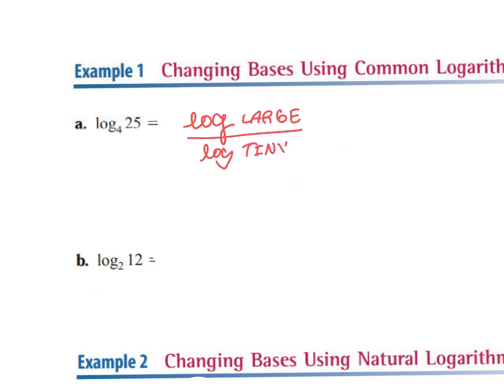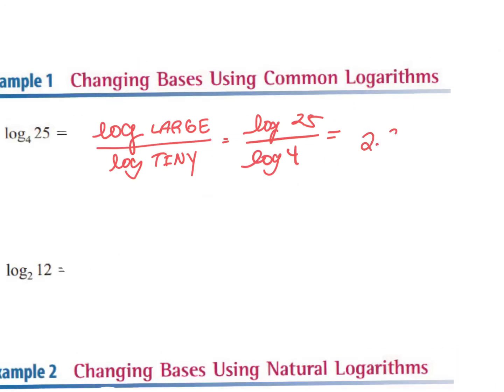I mean physically, not in value. So in your calculator, you would hit log 25 divided by log 4, and then hit enter. What do you get? 2.321. That's using the change of base formula.